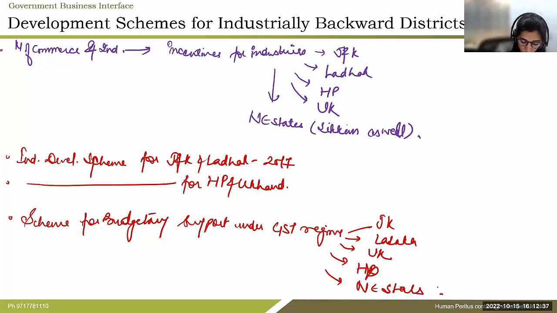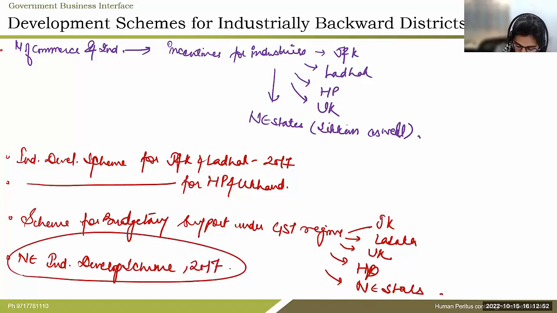Also, there is the Northeastern Industrial Development Scheme 2017. This was there to boost employment and income generation opportunities, plus providing incentives also.